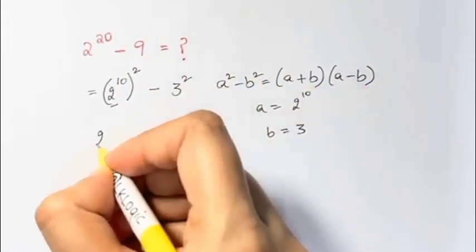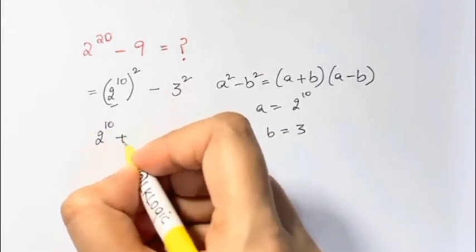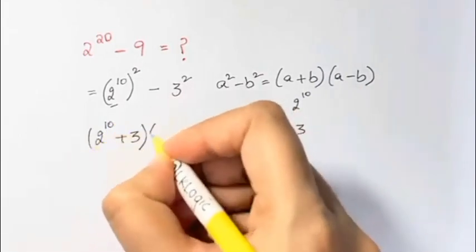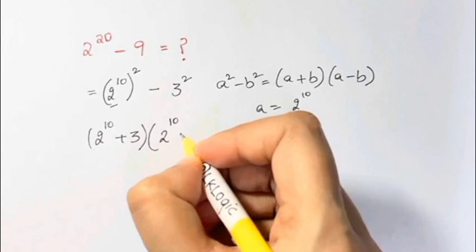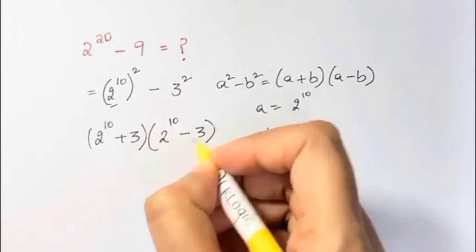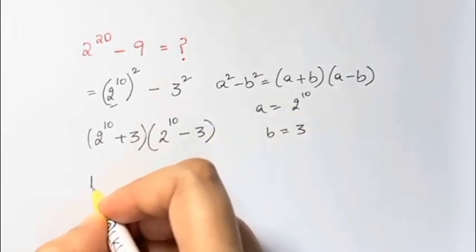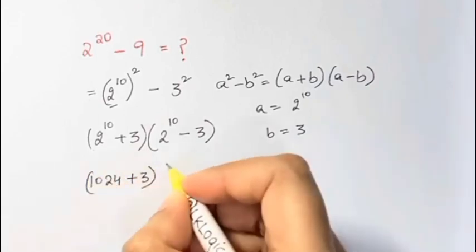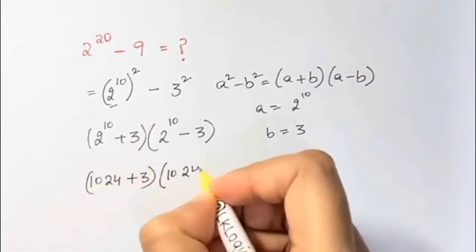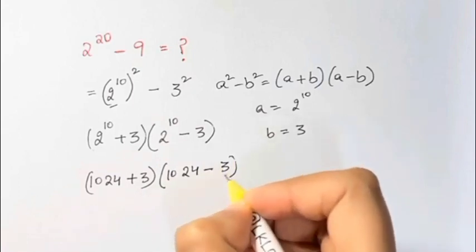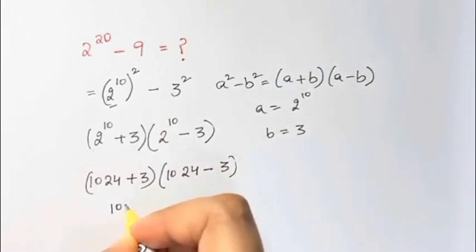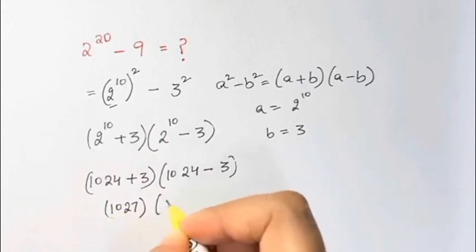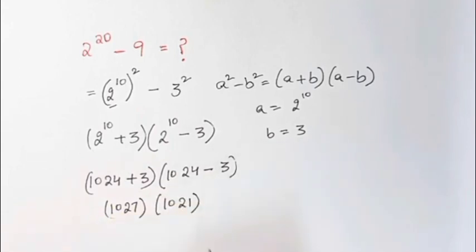We have 2 raised to 10 plus 3 times 2 raised to 10 minus 3, and 2 raised to 10 is 1024 plus 3, then times 1024 minus 3, and that's equal to 1027 times 1021.